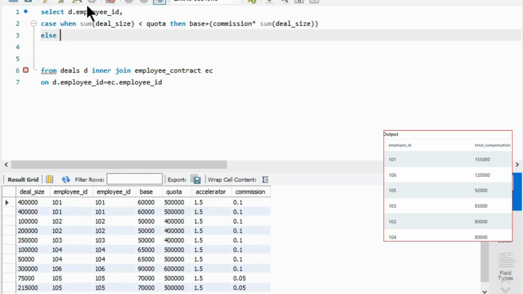Else, if the sum of the deal size is greater than quota, then what do we need to do?